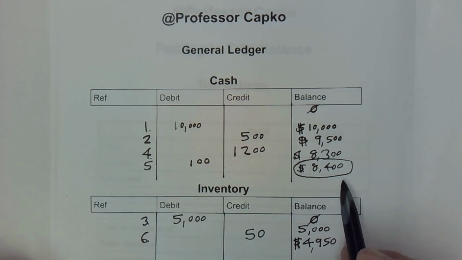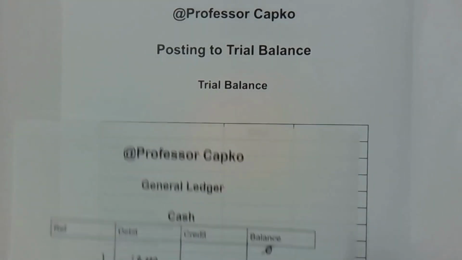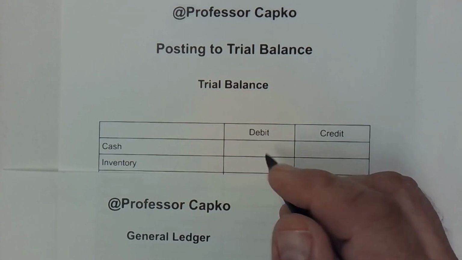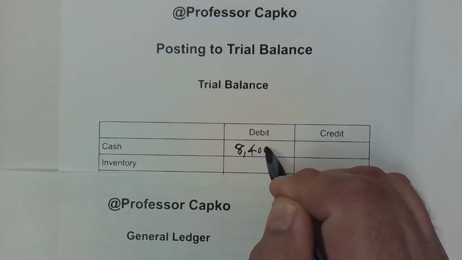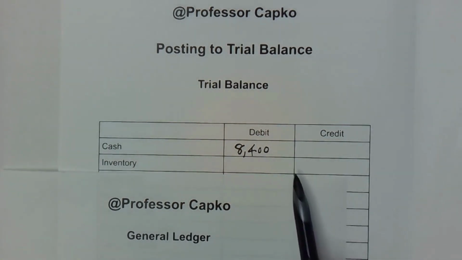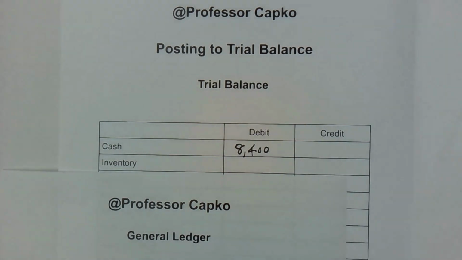Now, cash is an asset, and we would expect it to have a debit balance because it is a positive balance in the cash account, and so therefore we're going to post $8,400 as a debit to the cash line on the trial balance.